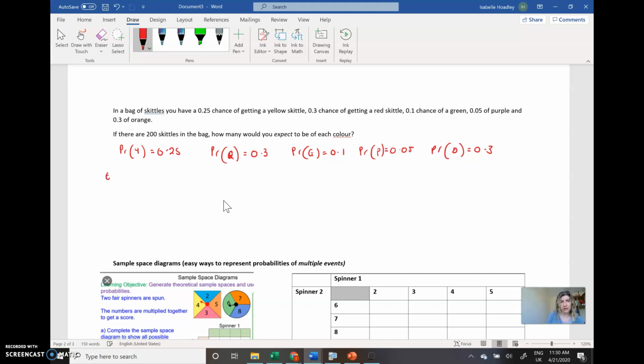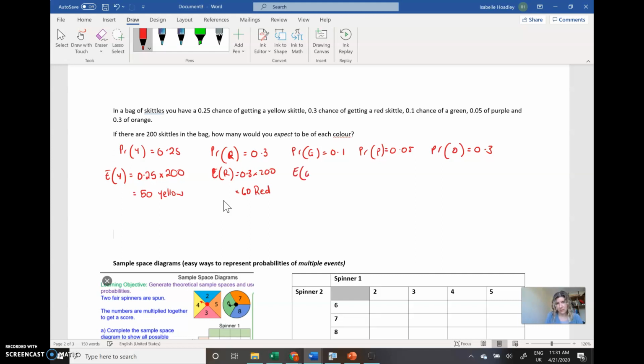So firstly, for yellow, we would expect 0.25, so a quarter, times by 200. Now, a quarter of 200 is 50, so we would expect 50 yellow. Okay, 0.3 red, so our expected for red is 0.3 times 200. Now this one, we'd expect 60, so we expect 60 red.